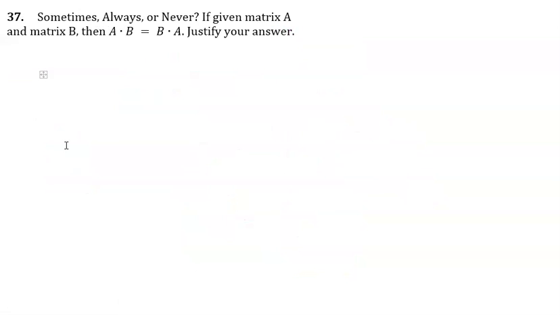Number 37. Sometimes, always, or never. If given matrix A and matrix B, then A times B equals B times A. Justify your answer. This would be sometimes.